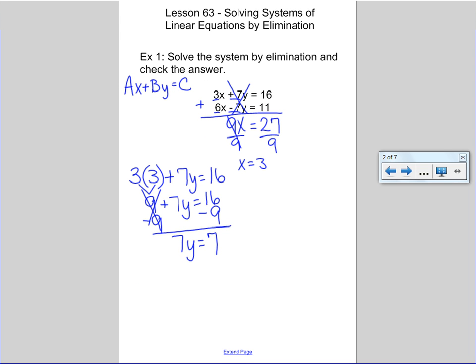To get y by itself, I divide by 7 on each side. The 7's cancel, so y equals 1. My solution to the system then is the coordinate (3, 1). Remember, we always want it x, y. Okay, final answer. That's it.